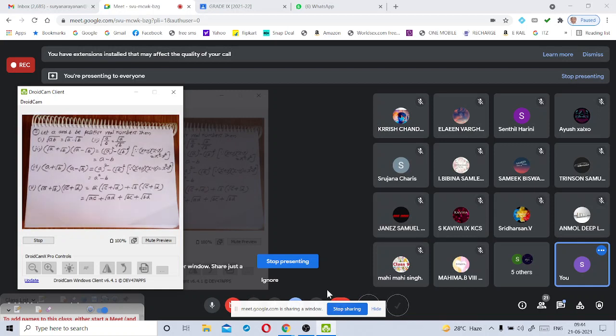These three exercises are the portion of the syllabus for the weekly test. Practice these three exercises well, and I will let you know the date and time of the test.